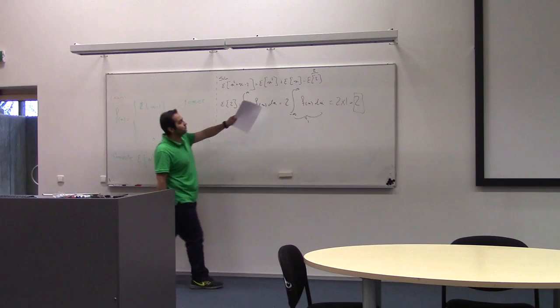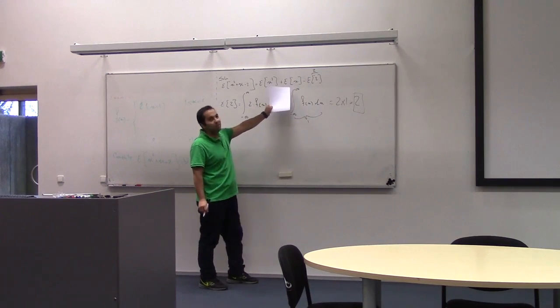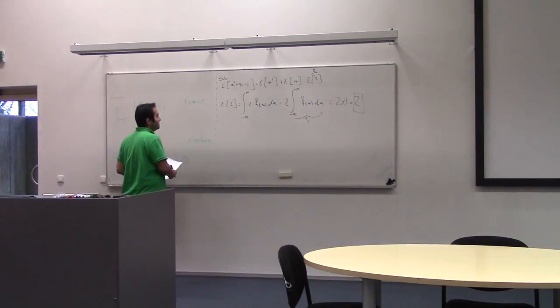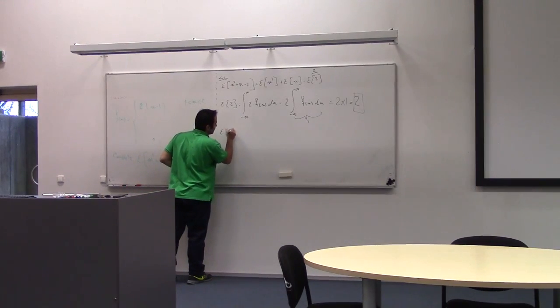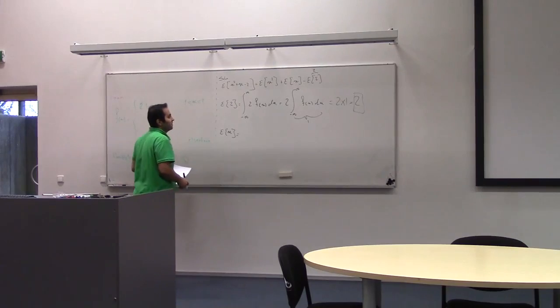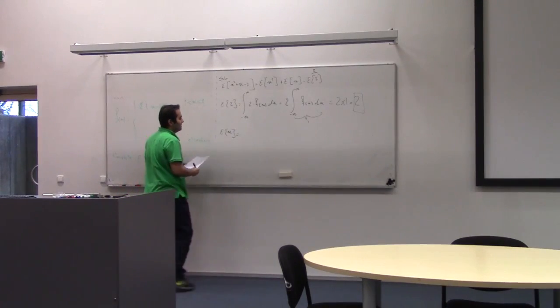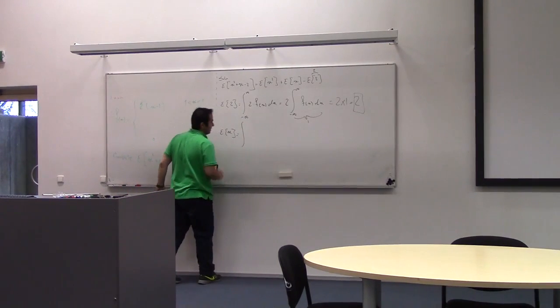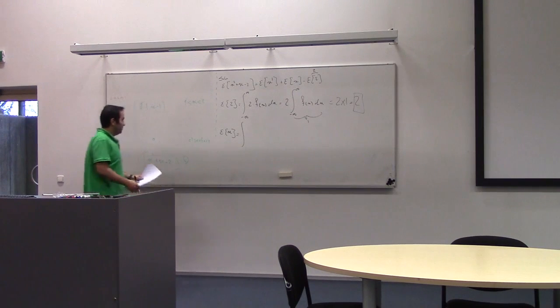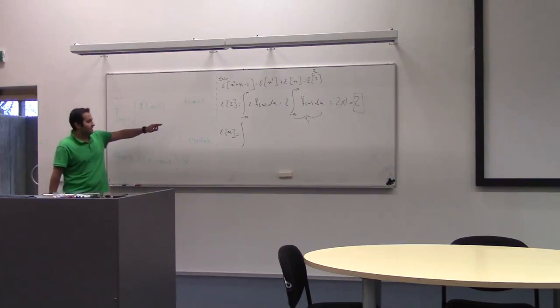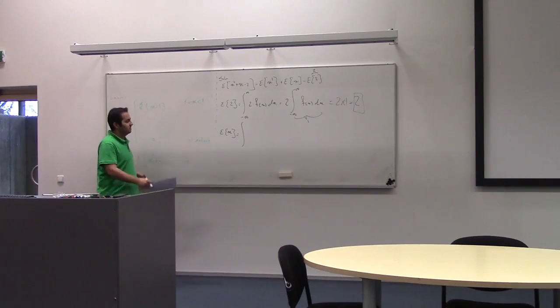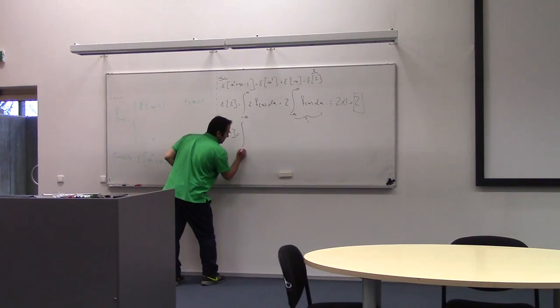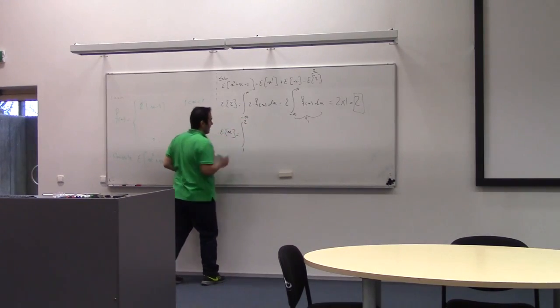Then we have to find the second part of this equation, the expected value of x. Similar to this, we can write an integral. We know that x is between 1 and 2, so the integral is between 1 and 2.